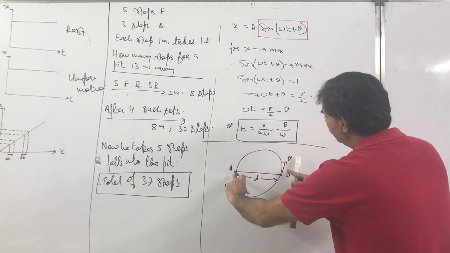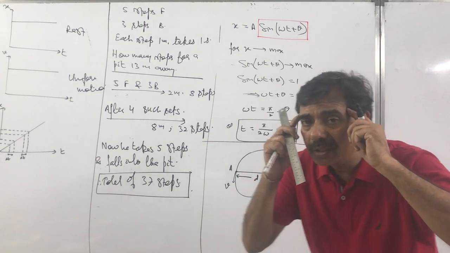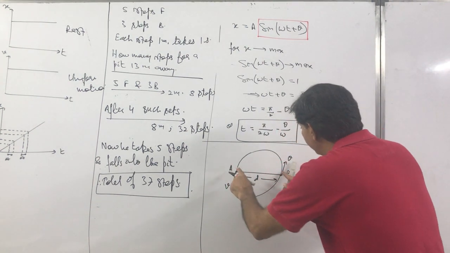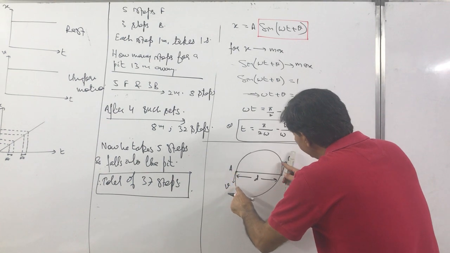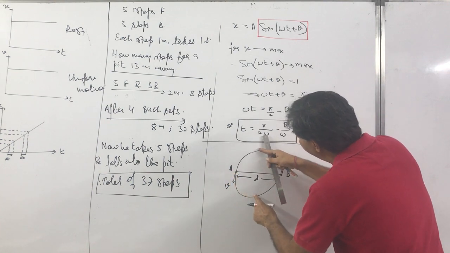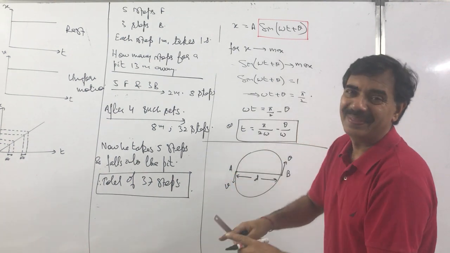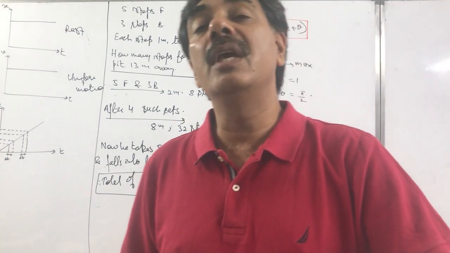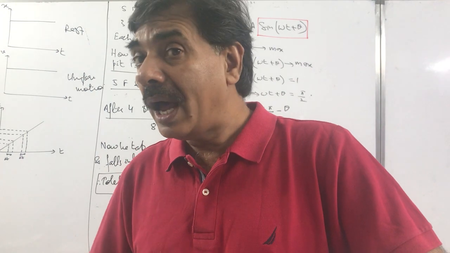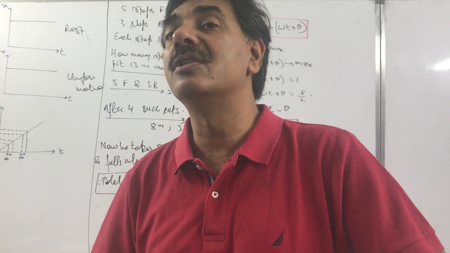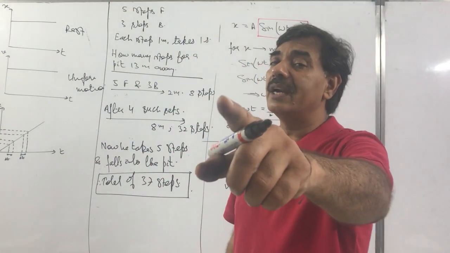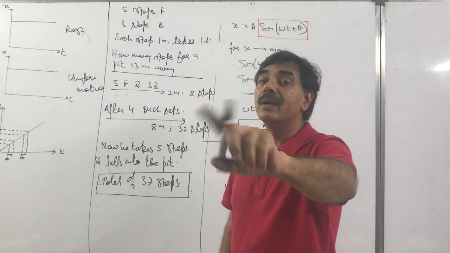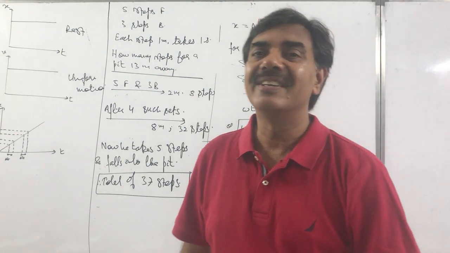If they are moving with the same speed, the distance between them will always remain the same. Thus, the only possibility when two particles are moving with equal and opposite velocities and are separated by a fixed distance will be when the two particles are at the two ends of the diameter of a circle.